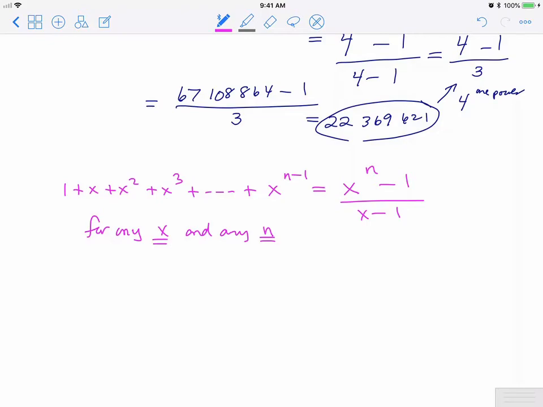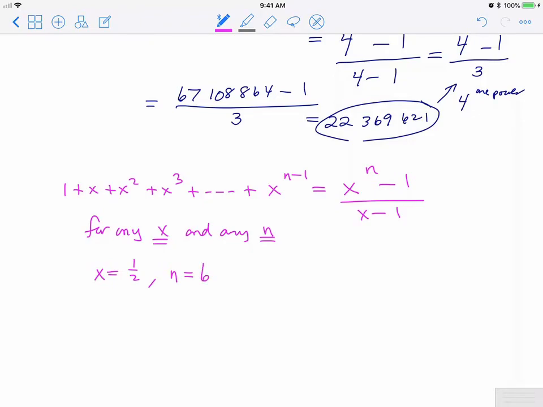So the next example we could look at is the possibility that the value x is equal to 1/2. It doesn't have to be a number larger than 1. It could be a fraction. And let's say that n comes out to be 6.